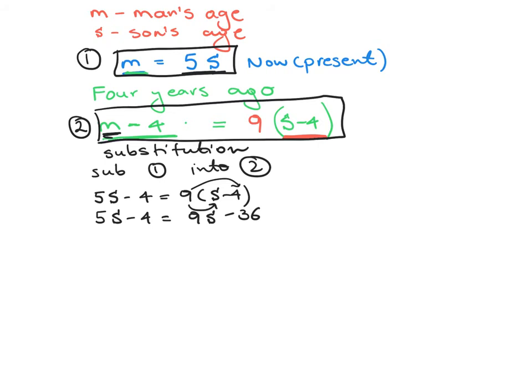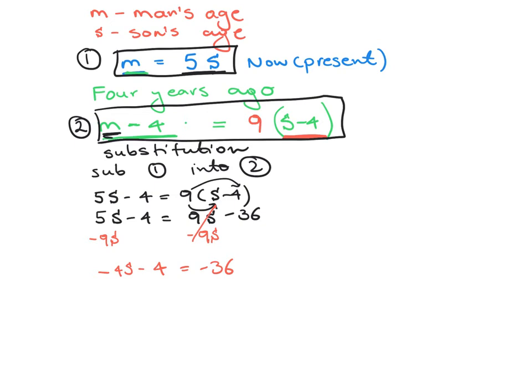First, I'm going to get rid of 9S by taking away 9S on both sides. This is going to give me negative 4S take away 4 equal to, this is gone, negative 36.